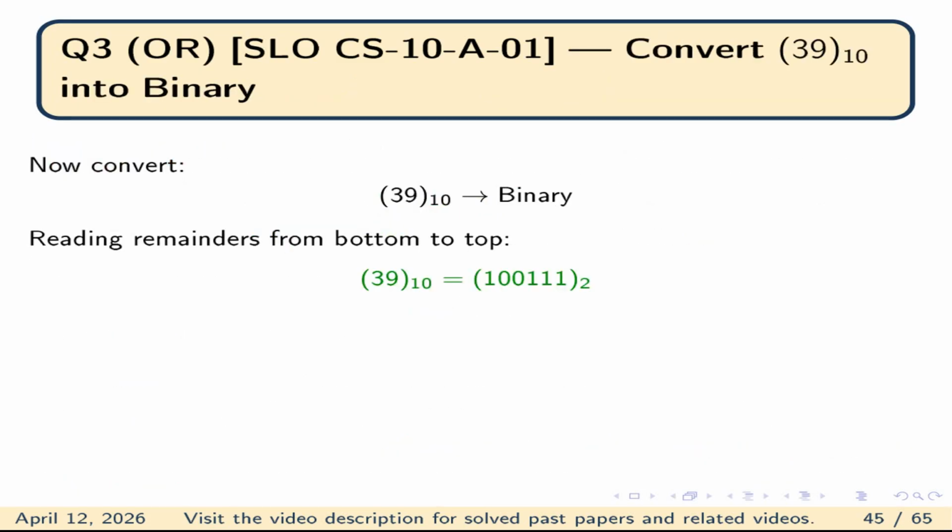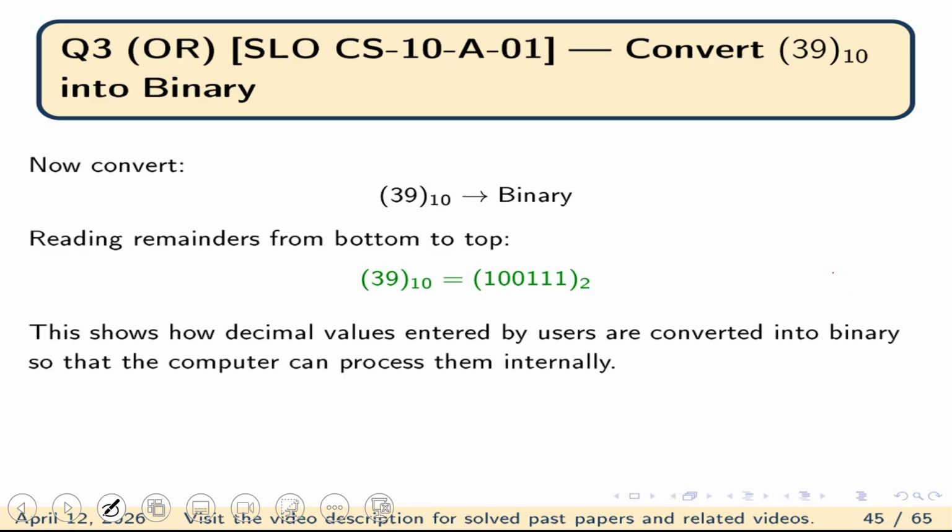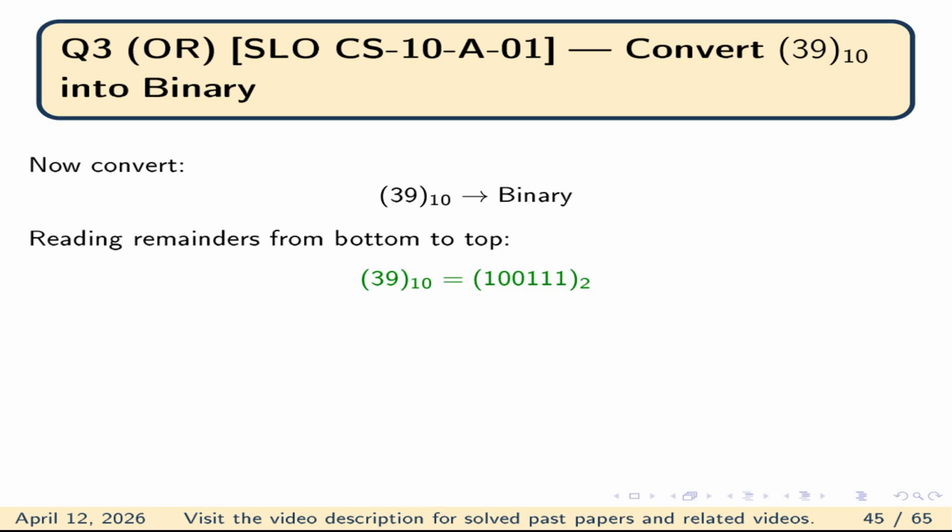Now convert 39 to binary, and this is very easy. You have to convert 39 to the binary number system. Suppose you have 39 here. 39 divided by 2: 19 2s are 38, remainder is 1.